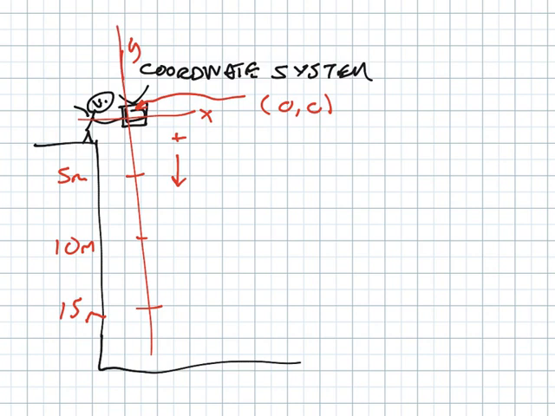While going the other way, this distance would be minus 5 meters, up here minus 10 meters, and so on. So positions above 0 in this coordinate system are considered negative. Positions toward the ground, greater than 0, are positive values.